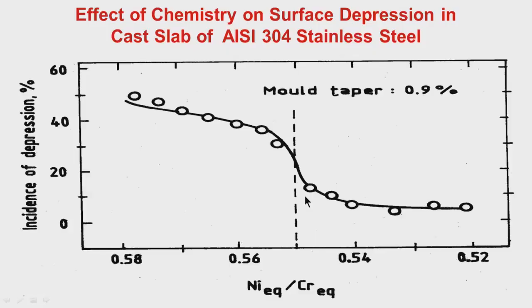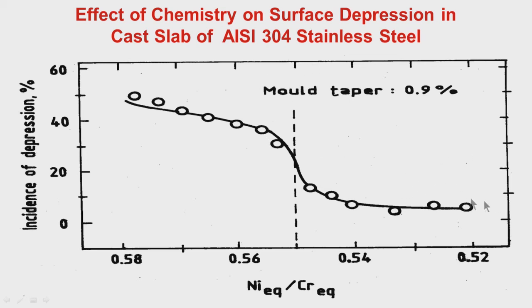that creates crack formation and depression. So, what we are doing, we are slightly adjusting the chemistry to bring it lower than the peritectic start temperature. So, what is the issue here? Delta to gamma will take place at a temperature lower than solidification completion, not around solidification completion.